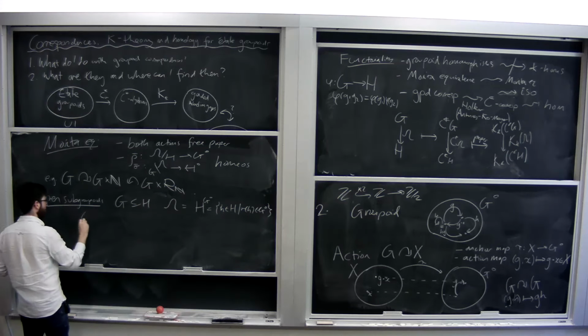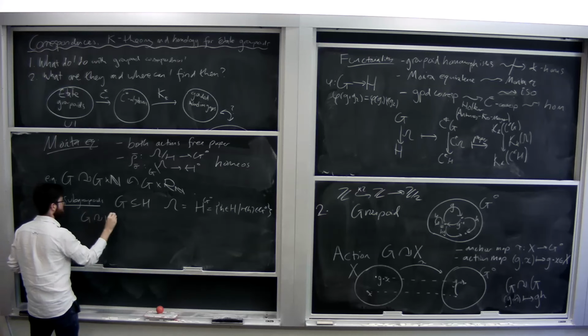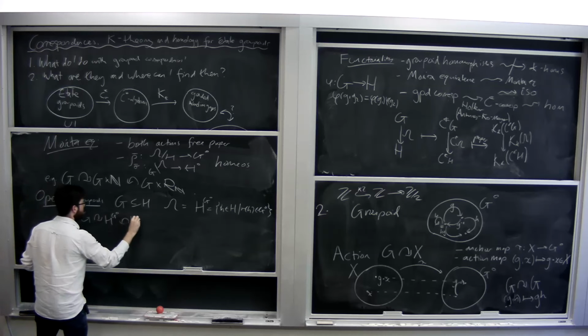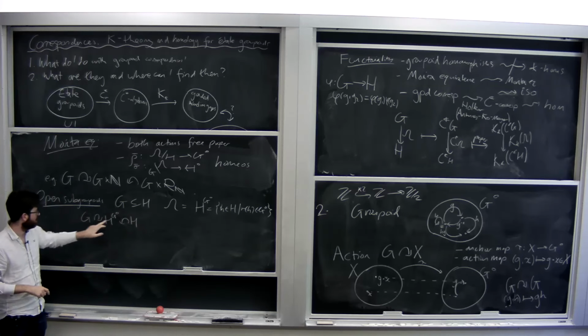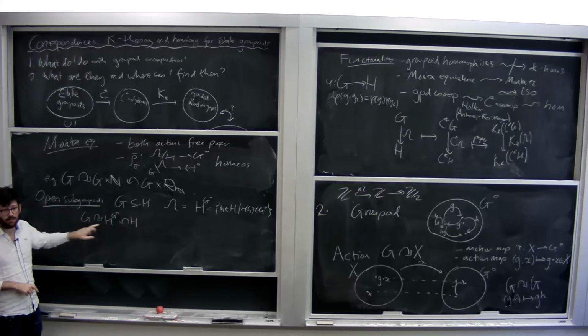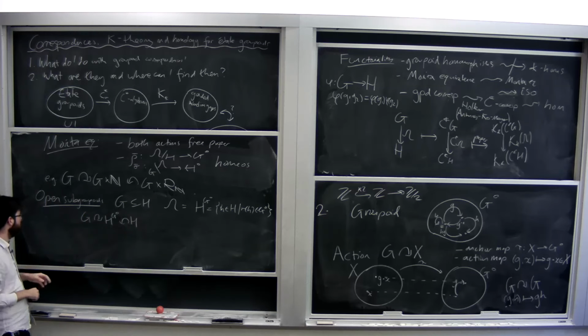Then we have an action like this, and an action like this, where these are both acting by left and right multiplication, respectively. This restriction here is so that this action makes sense. And this is going to model our open subgroupoid inclusion as a correspondence, as this very general kind of morphism.